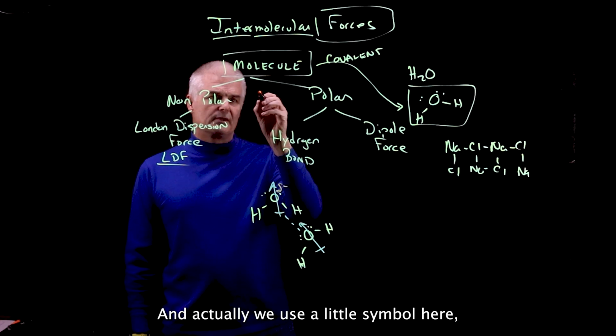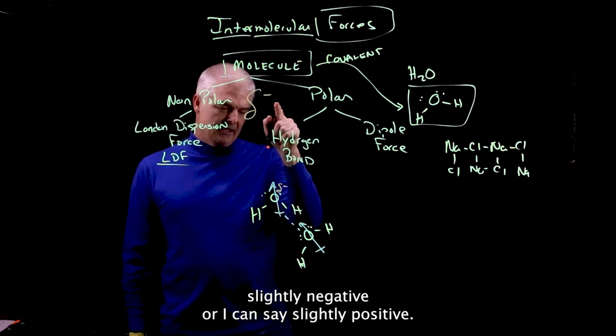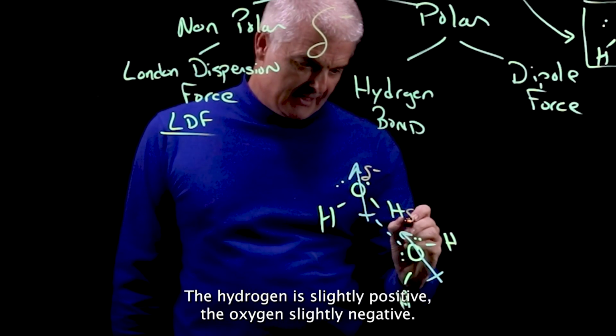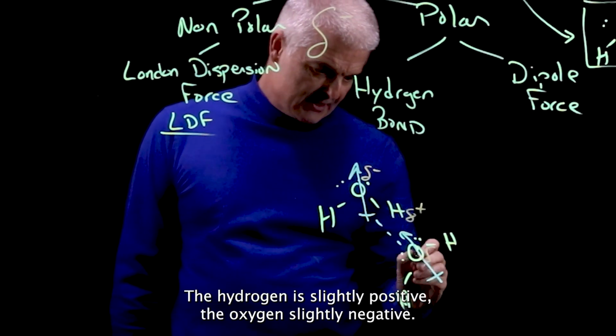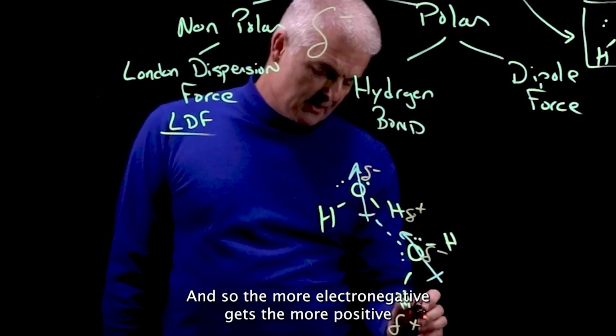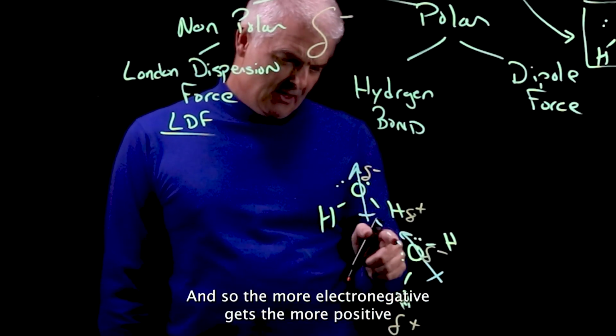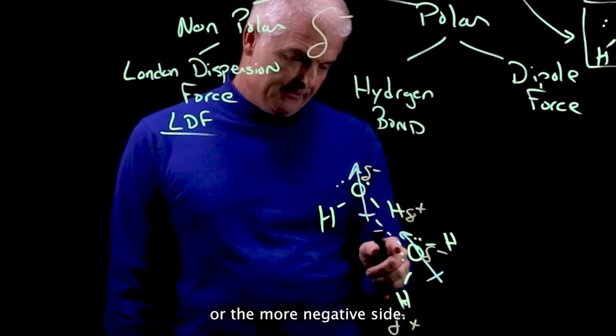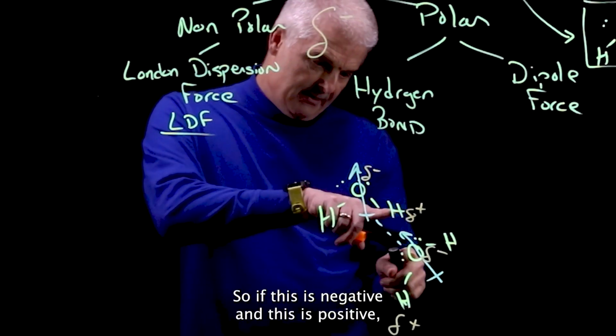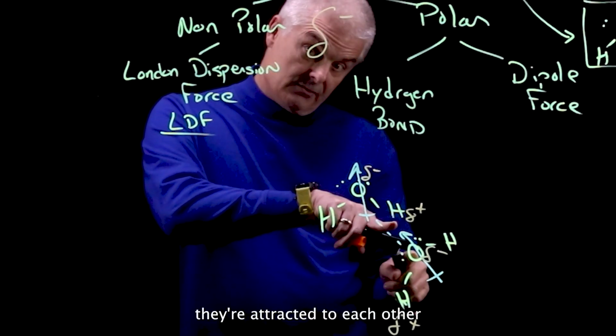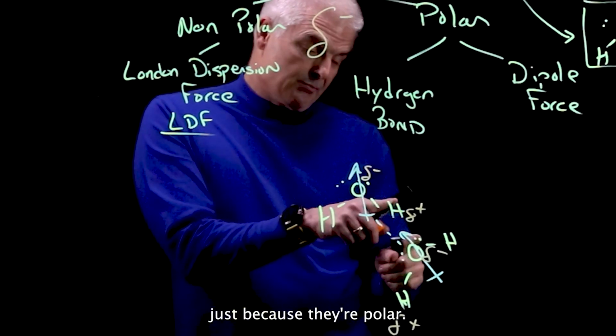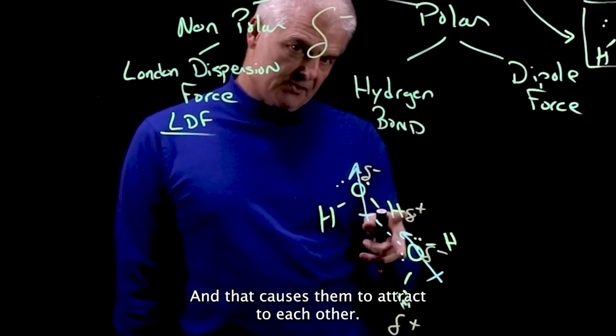And actually we use a little symbol here, slightly negative, or I could say slightly positive. The hydrogen is slightly positive, the oxygen is slightly negative, and so because the more electronegative it gets, the more negative the side. So if this is negative and this is positive, they're attracted to each other.